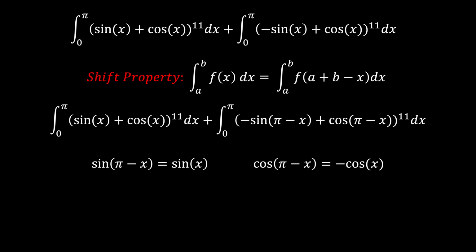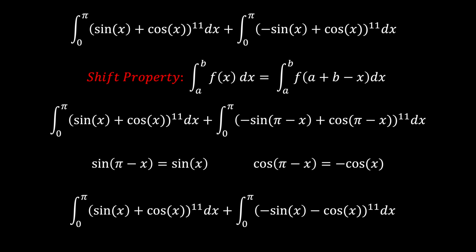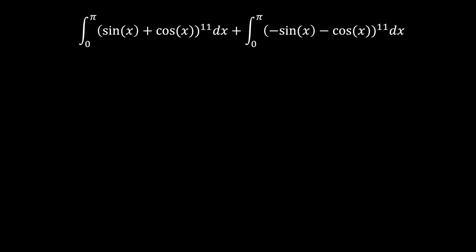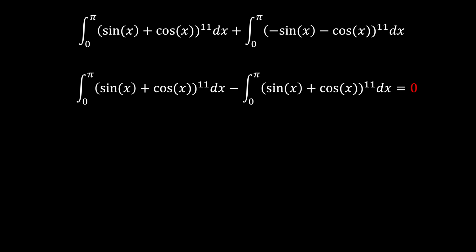I know sine of (pi minus x) is sine of x and cosine of (pi minus x) is minus cosine of x. When I plug that all in, I get 0 to pi of minus (sine of x plus cosine of x), and now I can take the minus out. Now you can see what happened: this integration becomes 0.